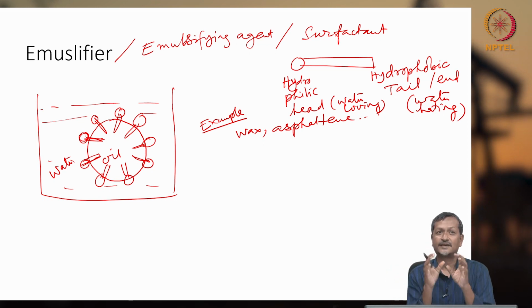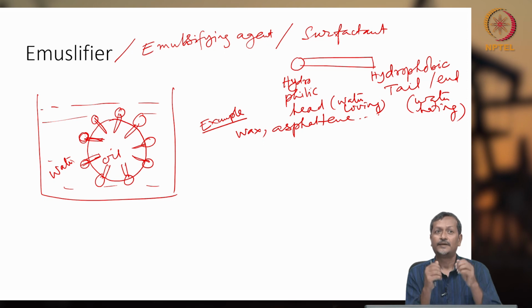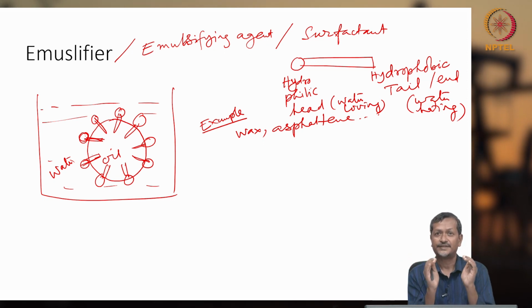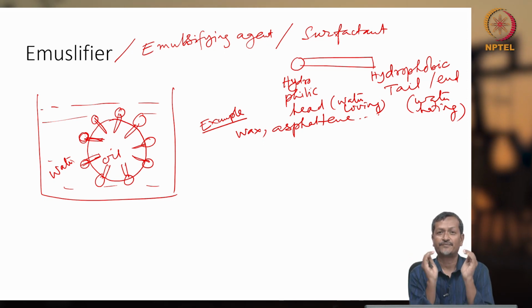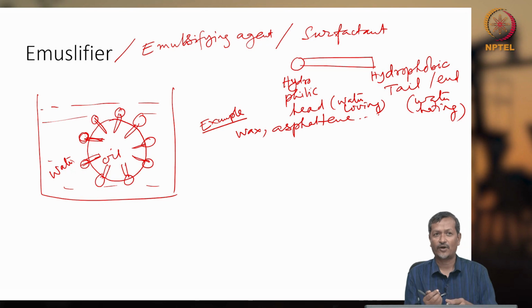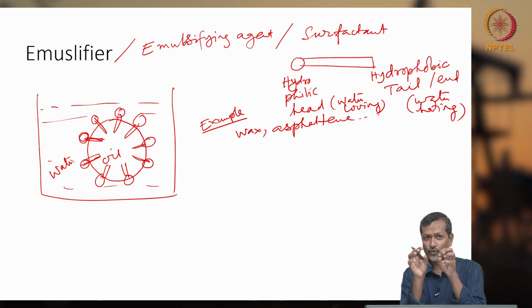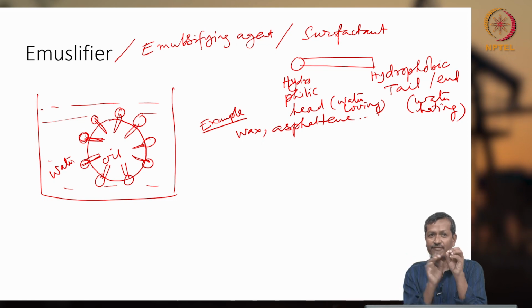In that case the surface energy is very high, and once the energy difference is very high, the two fluids will not mix. But because of the surface active agent, the energy gets reduced. Because of the reduction in energy, those oil particles will not try to move. Again, if you have multiple oil particles, for example oil particle 1 and oil particle 2, they will not be allowed to collide with each other, because the surfactant all around is coating each particle.